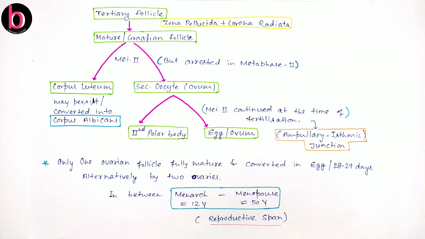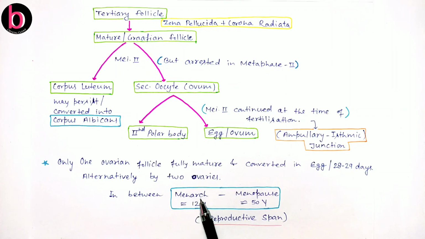And in the female, oogenesis occurs only between menarche and menopause. What is menarche? This is the start of puberty, which we discussed occurs between 10 to 14 years. Roughly, this is taken as 12 years. And second, menopause. What is menopause? This is the cessation of the menstrual cycle that occurs nearly at the age of 50.